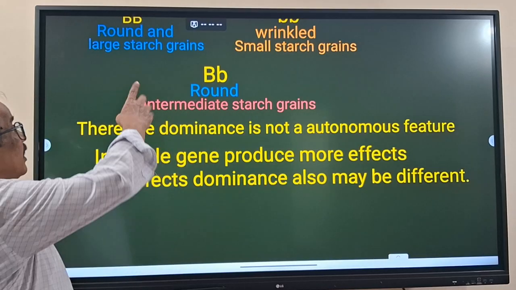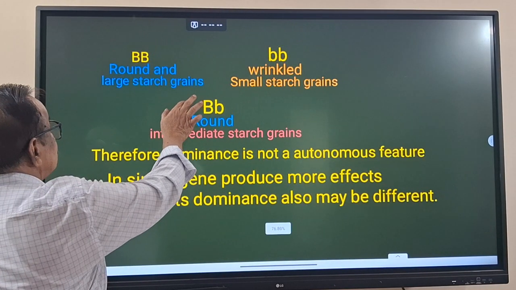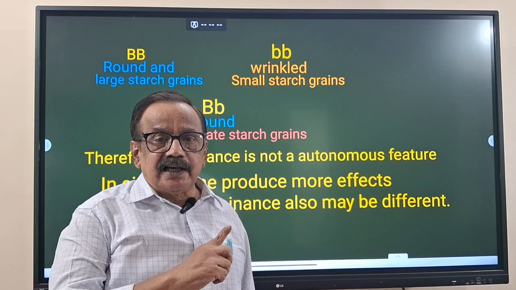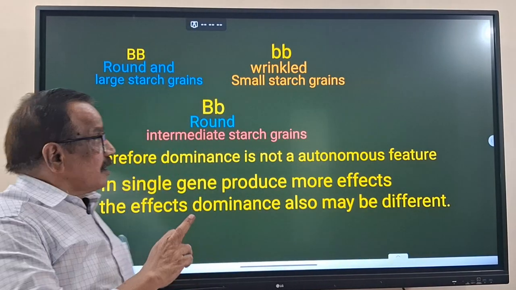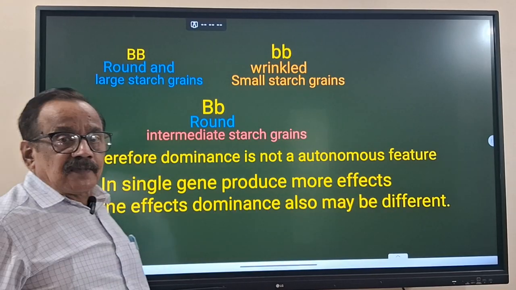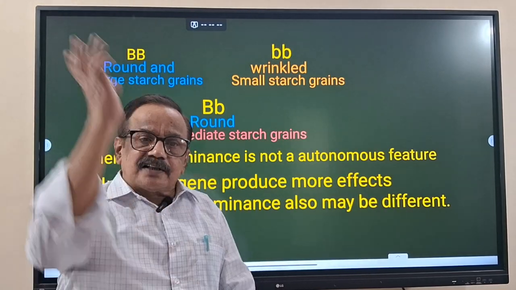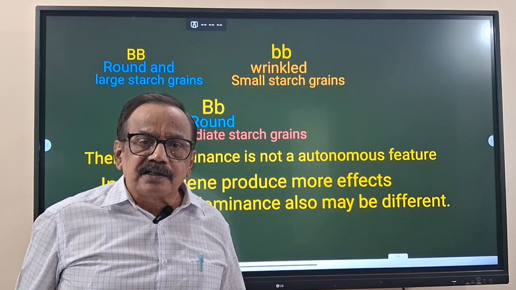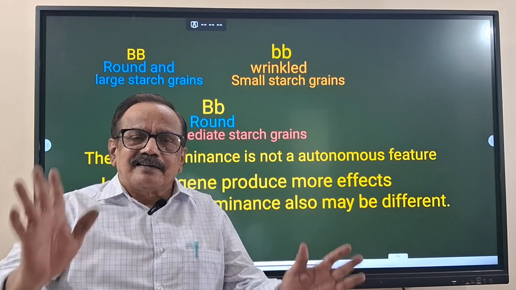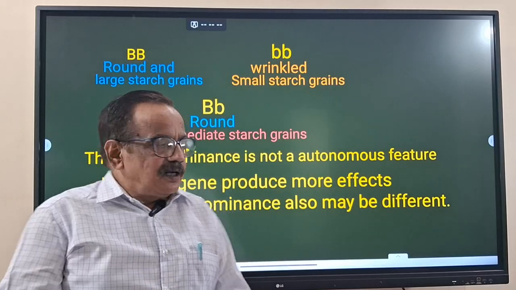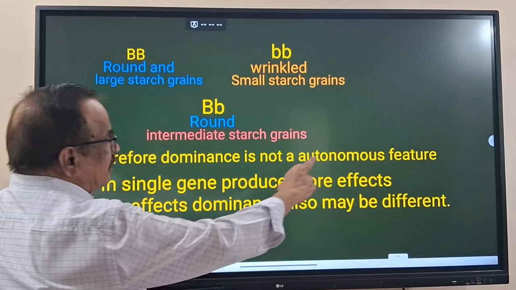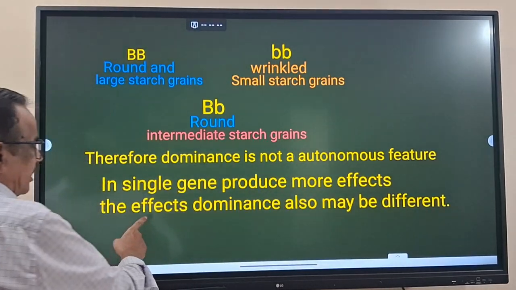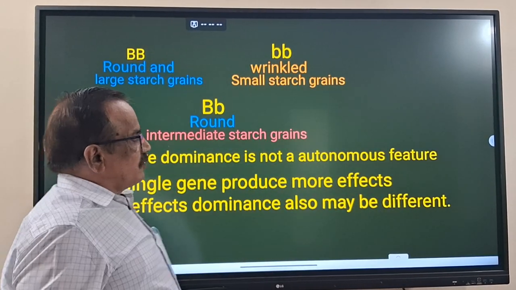Here it is dominant over the O group there, but in the expression of the second character, it failed and became incomplete dominance. So dominance is not an autonomous feature. A single gene produces more effects, and the dominance of those effects may also be different.